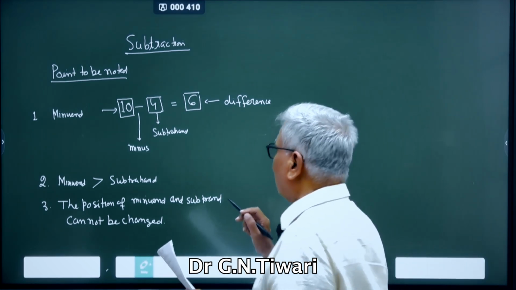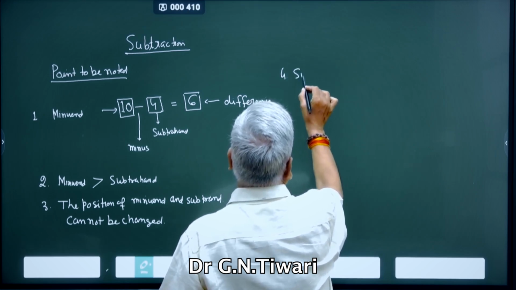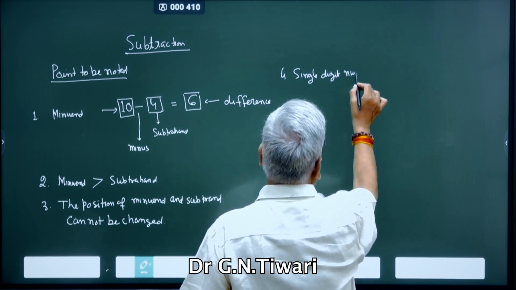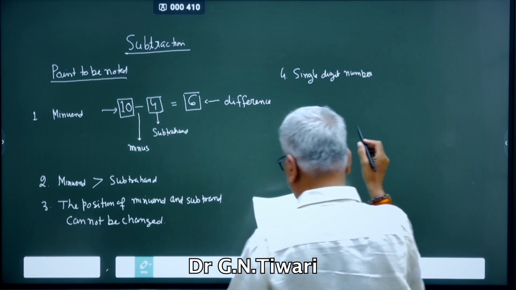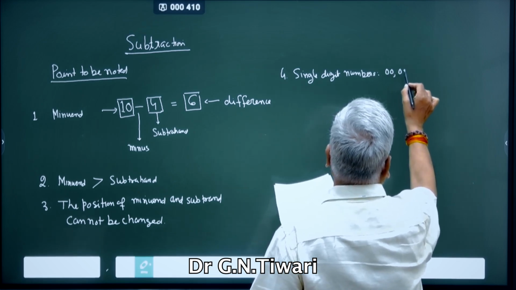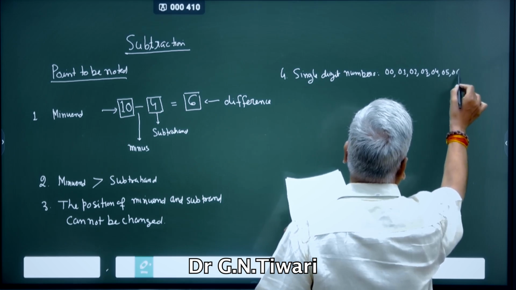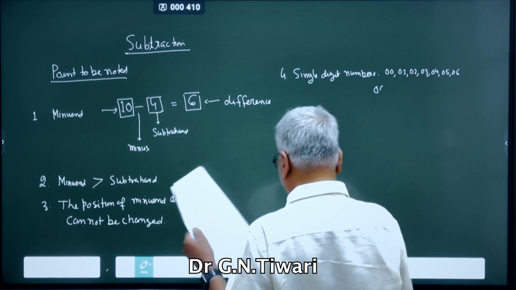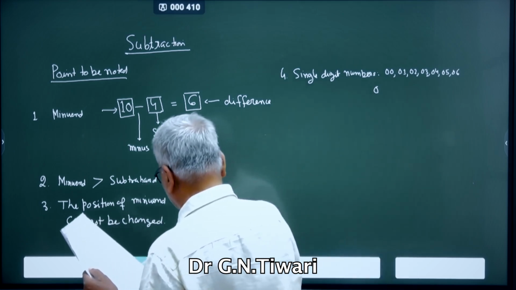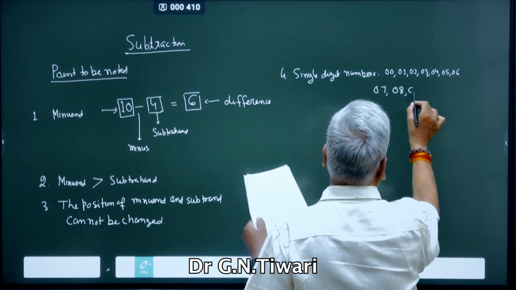अब देखिए, fourth point, the single digit numbers, I am just reminding, single digit numbers: 0, 1, 0, 2, 0, 3, 0, 4, 0, 5, 0, 6, 0, 7, 0, 8, 0, 9.